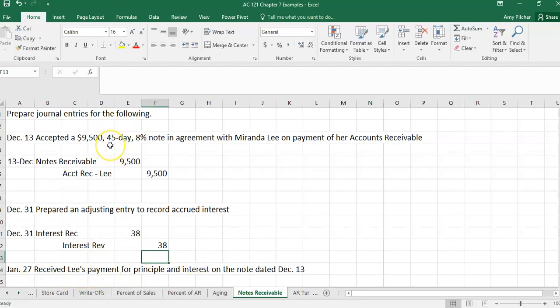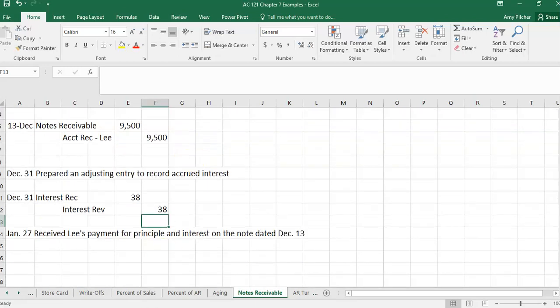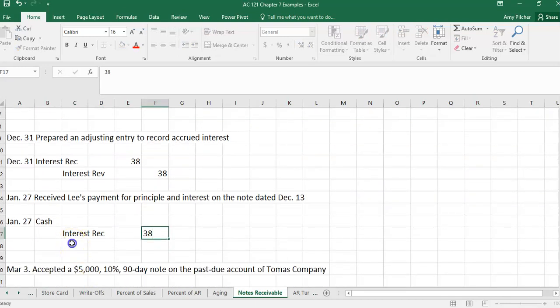On January 27th, we received full payment for that 45-day note. So we are going to receive cash. We're going to remove that interest receivable of $38. We're going to record interest revenue, and we're going to remove our note receivable. So our note receivable was $9,500.